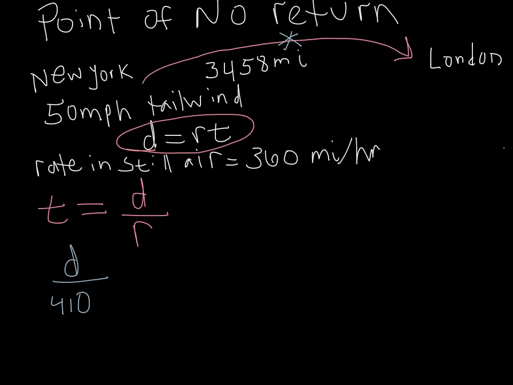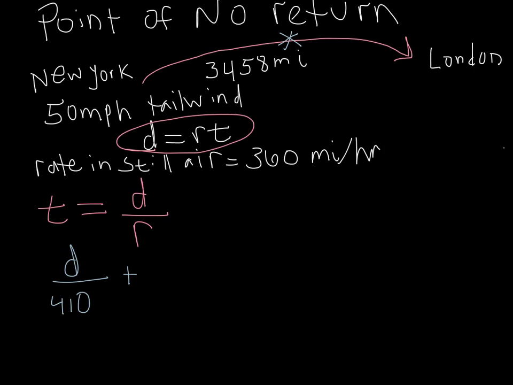The wind is helping it move faster. So that's leaving New York. Now the time it takes to leave New York, turn around and go back would be the same as if it went all the way to London, meaning the times would be equal.